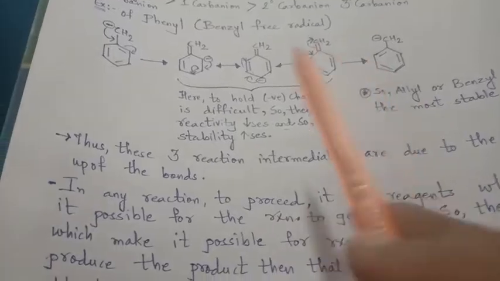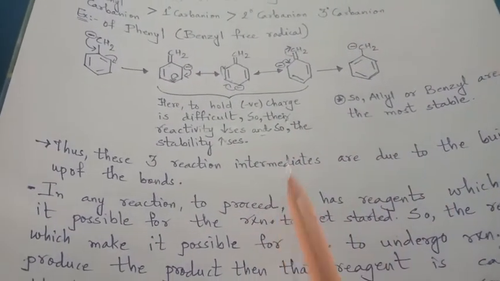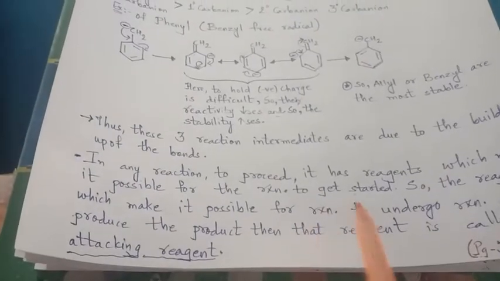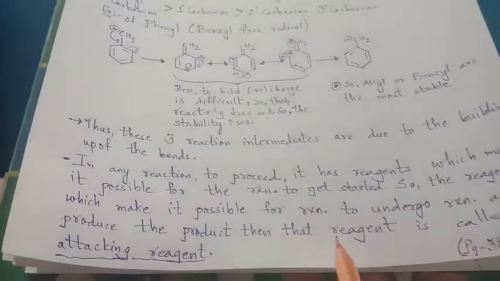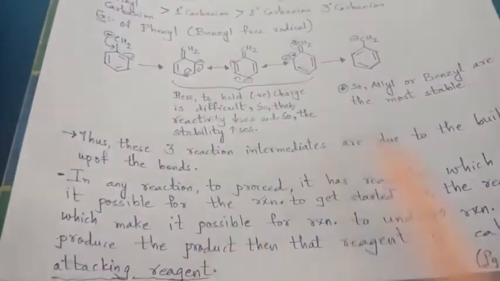Why? Because there is nothing to replace it, nothing to add to it, no reacting reagent is there, and that is why the reaction undergoes because of the reacting species which are called attacking reagents.